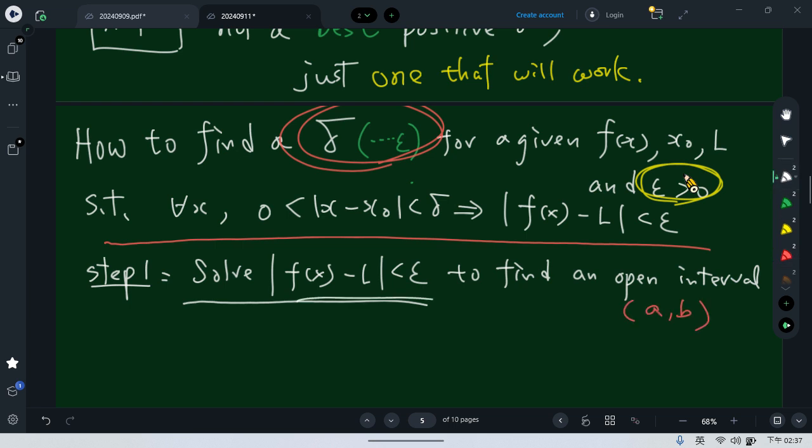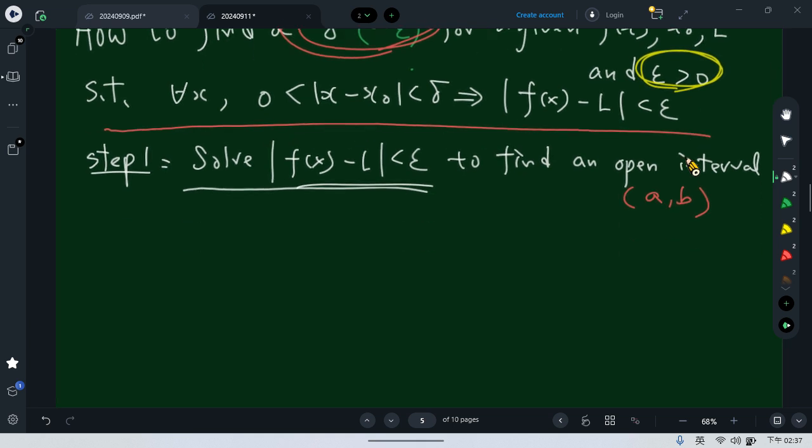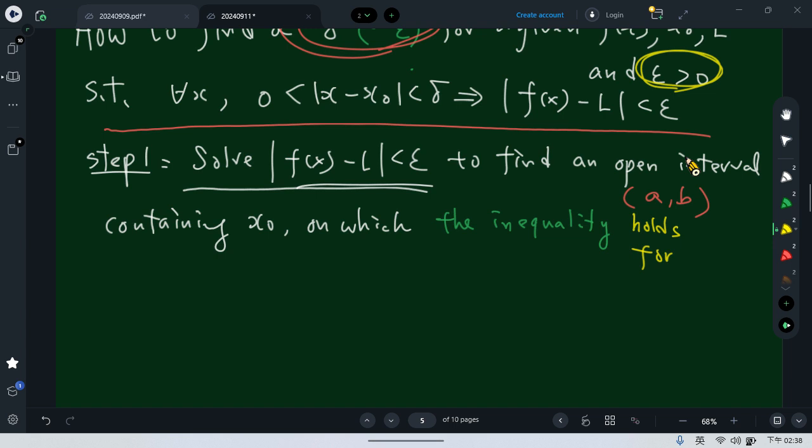By using this, right? Then containing S0 and on which the inequality holds for all x which is not equal to S0.